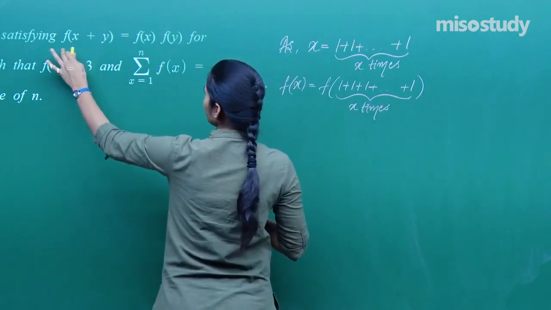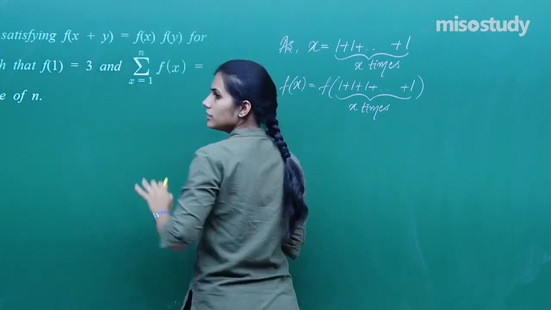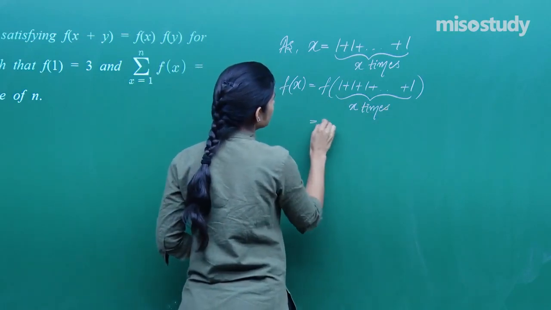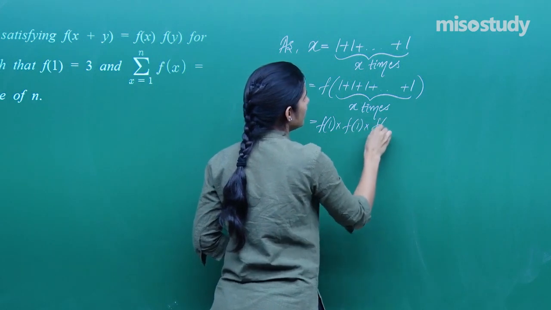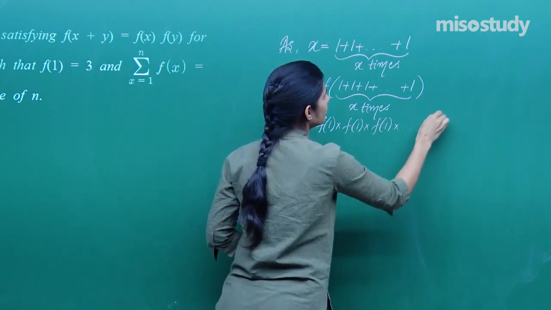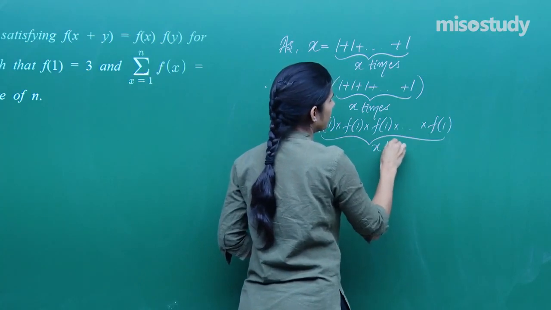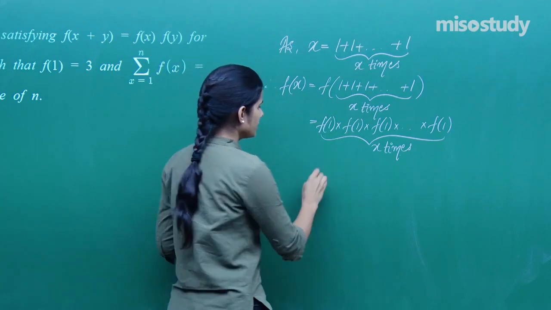But it is given that f of the addition of two things is the product of the function applied on those two things. So, f of 1 plus 1 plus 1, x times is f of 1 into f of 1 into f of 1 into f of 1, x times, by the property given that f of x plus y is f x into f y, right.